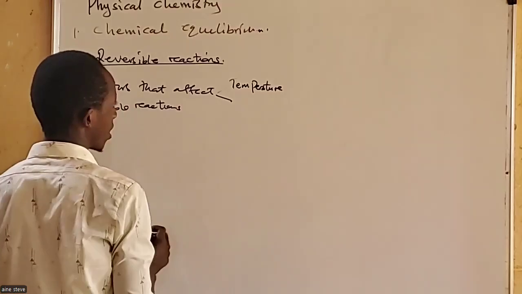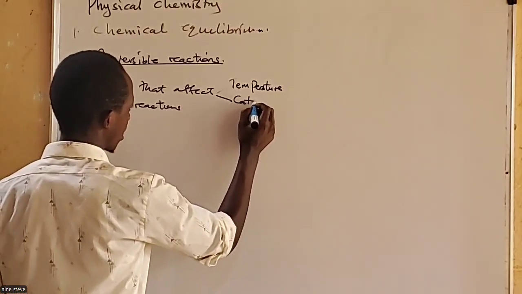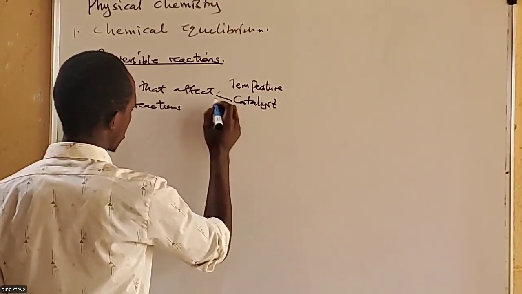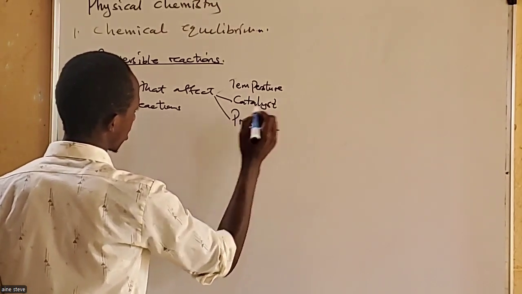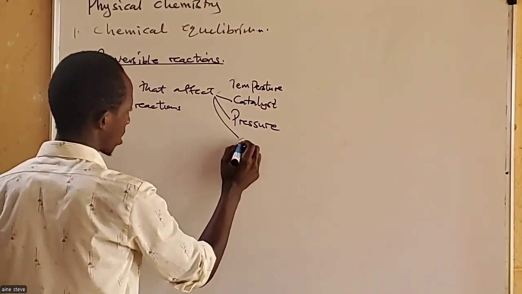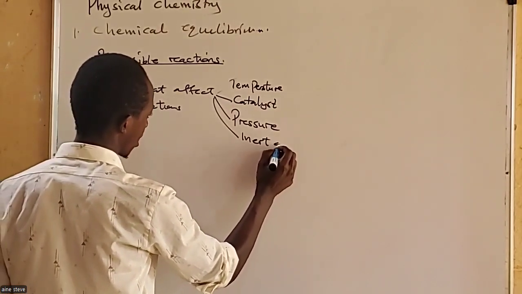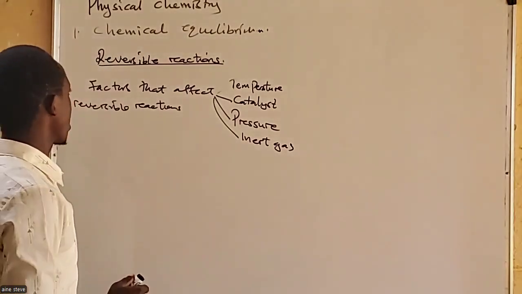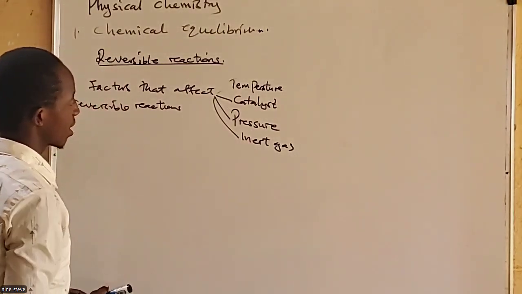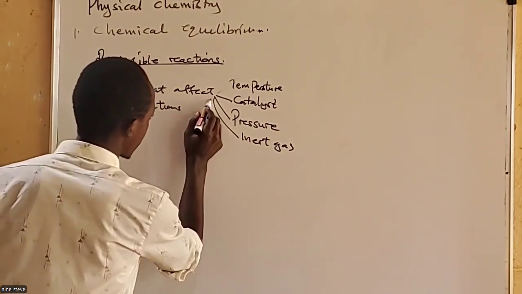We shall look at catalyst. We shall look at pressure, and then we shall look at inert gas. Basically, these are the factors that we shall look at that affect a reversible reaction.